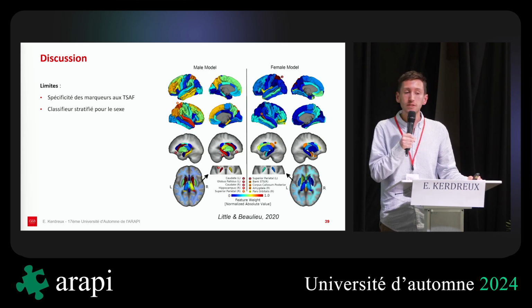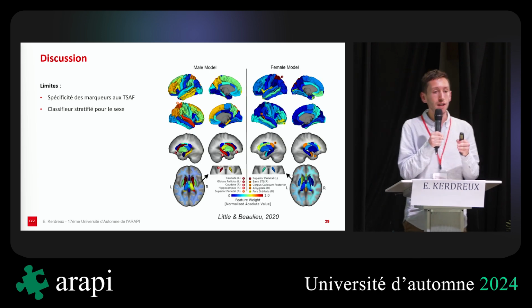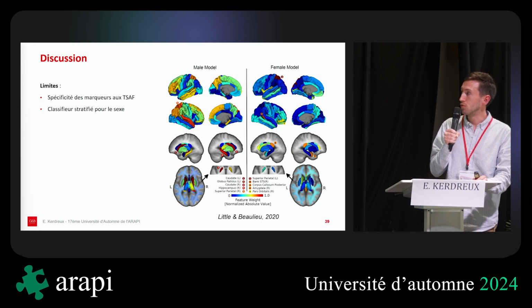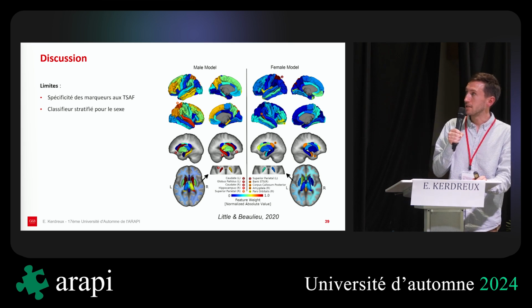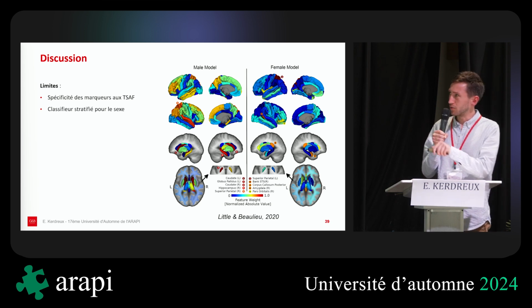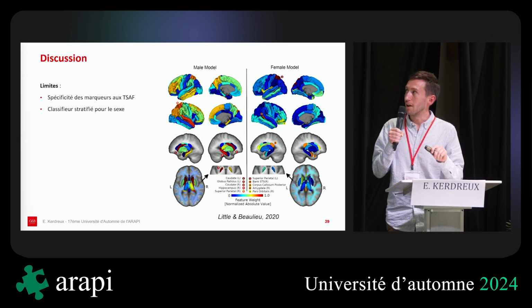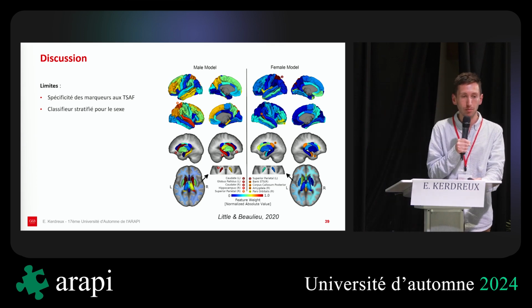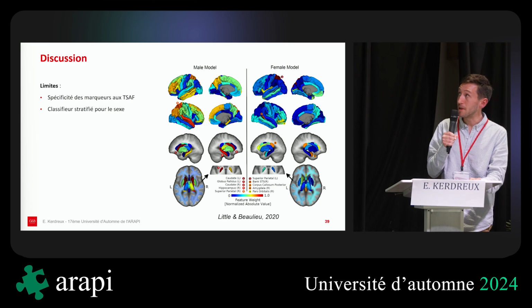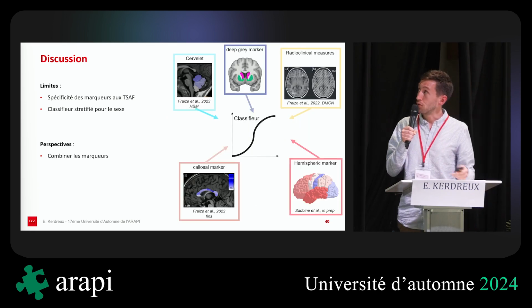Another limit is that we did not have the statistical power to get a classifier that would discriminate based on sex, and I think there is a former study, 2022, Little and Beaulieu, that shows that regarding brain size, the brain regions that contribute the most to the diagnosis are not the same if you have girls versus boys.